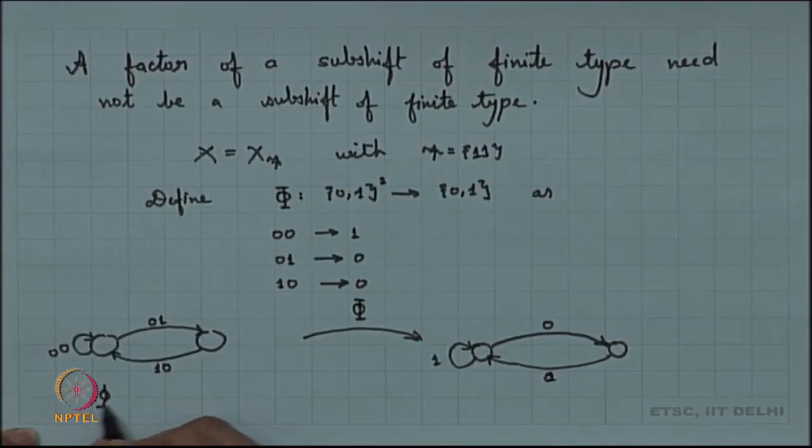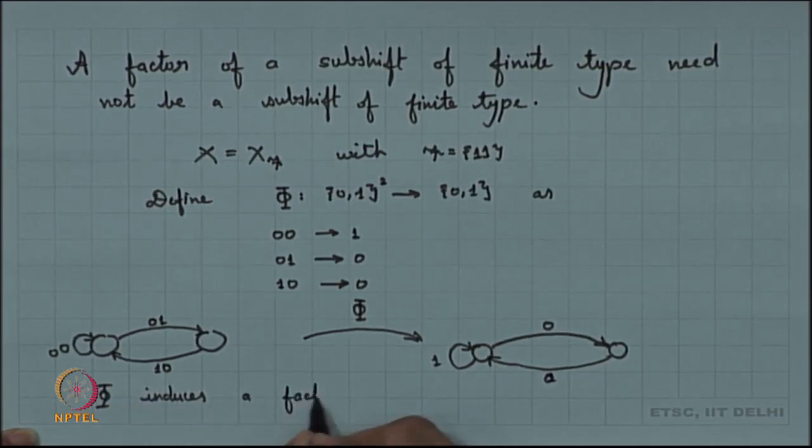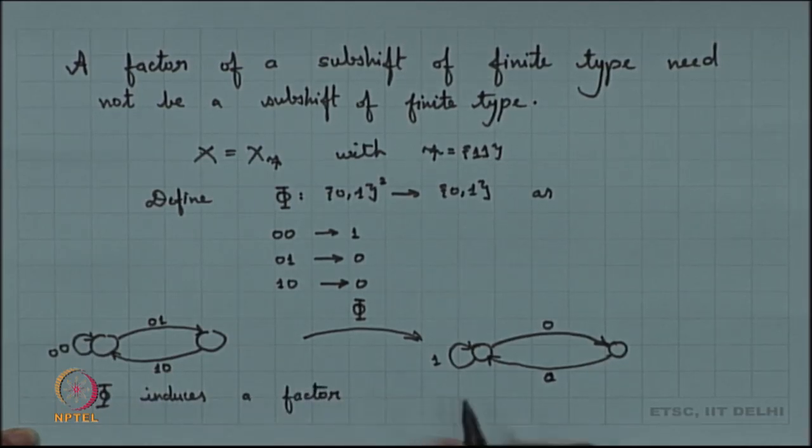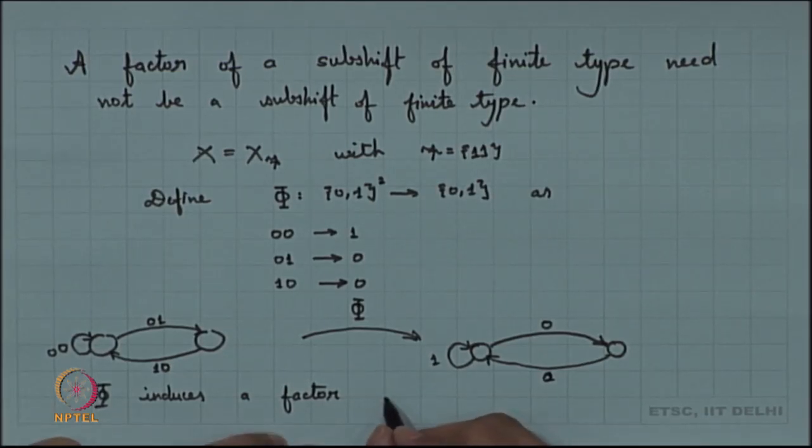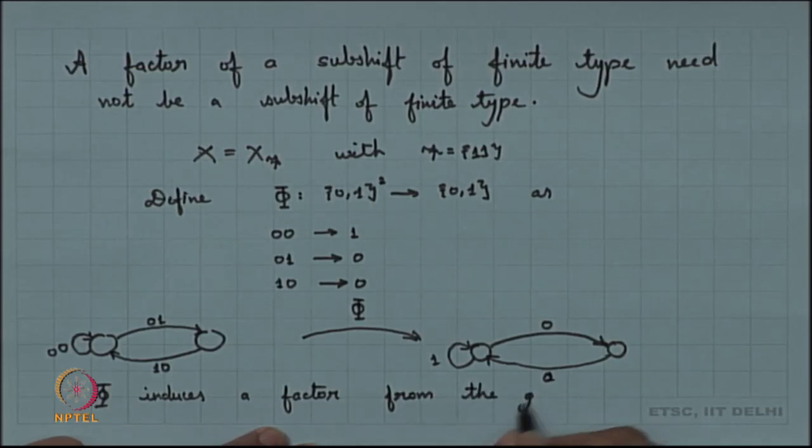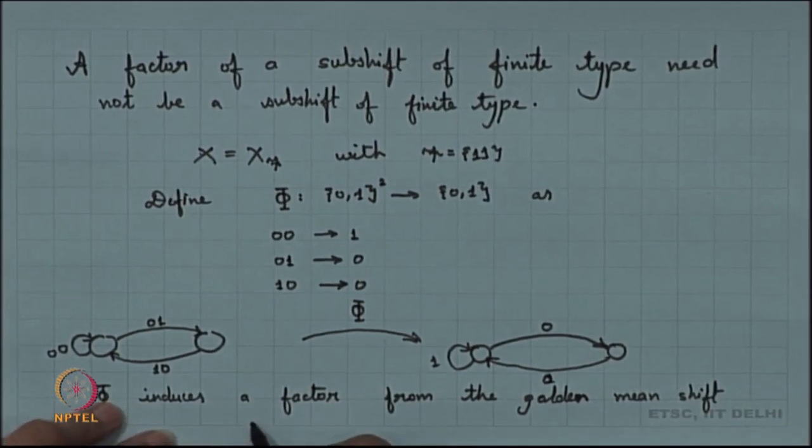So, what does this give me? This phi induces a factor from the golden mean shift to the even shift.